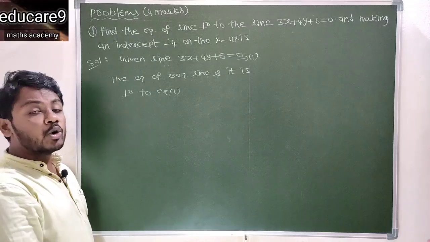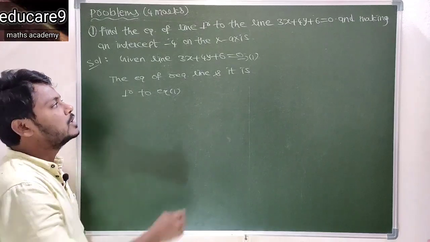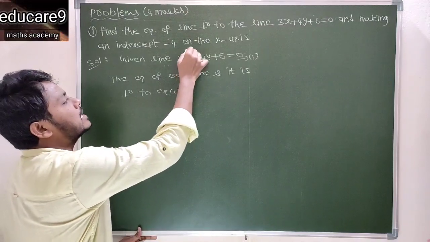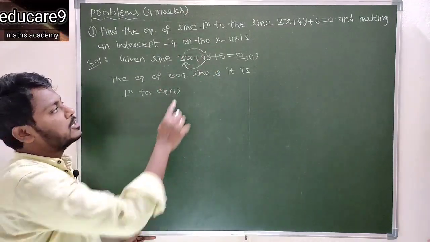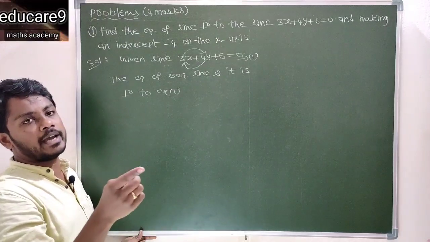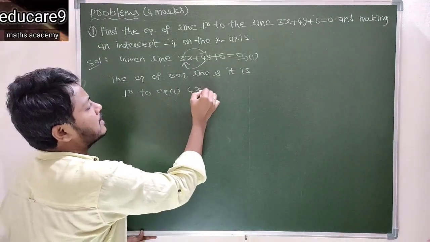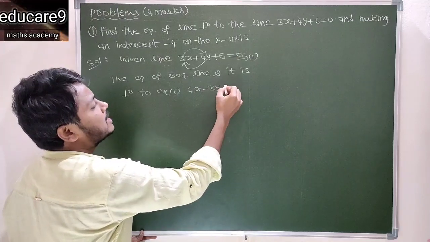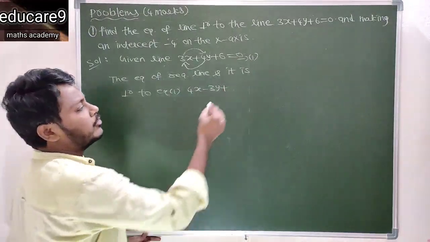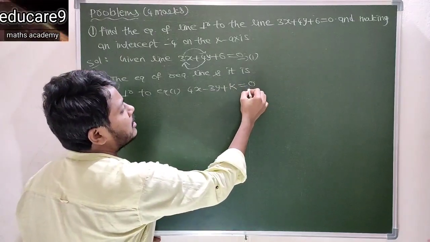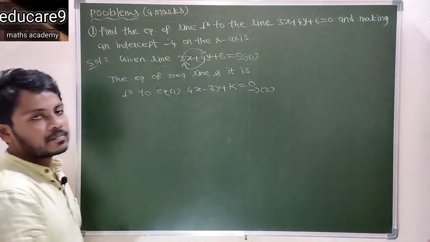Then how to write the perpendicular equation? Write the y coefficient as the x coefficient and the x coefficient as the y coefficient. Where plus is there, write minus, and where minus is there, write plus. So that is 4x minus 3y plus, in place of the constant we write some k, equals 0. So this is equation 2.